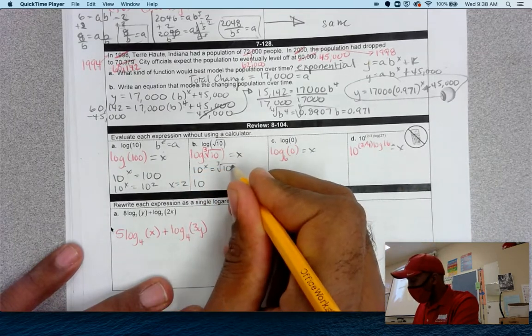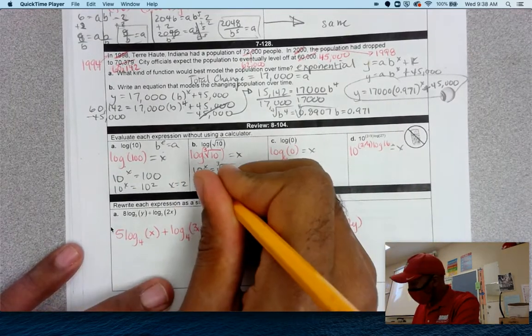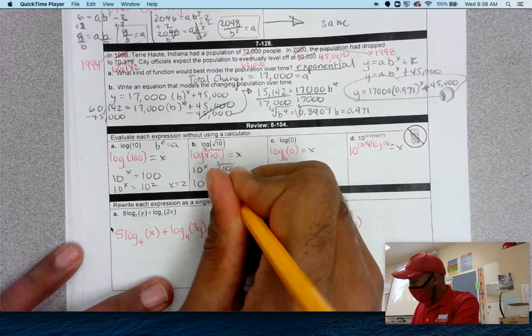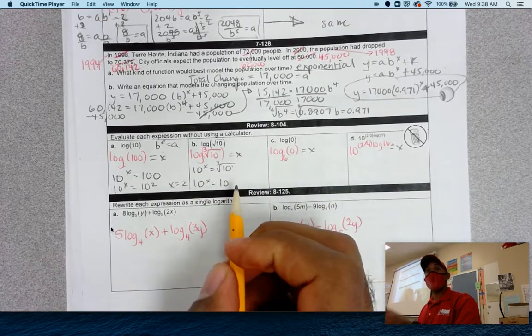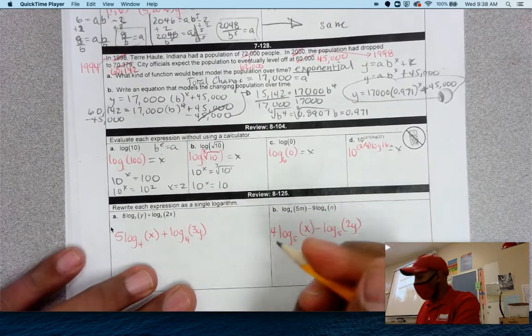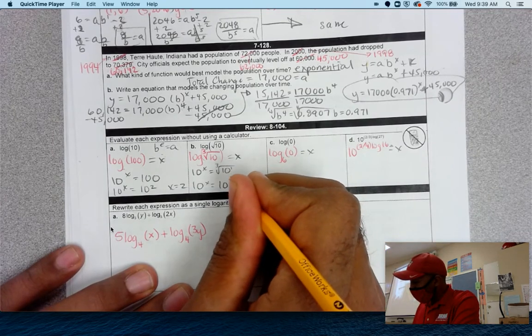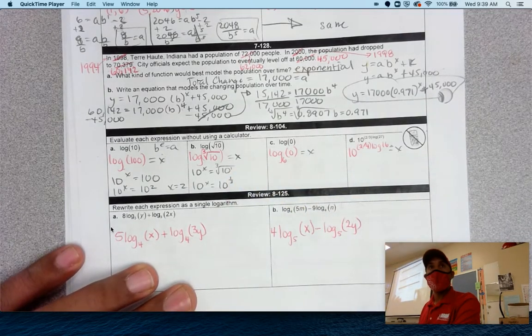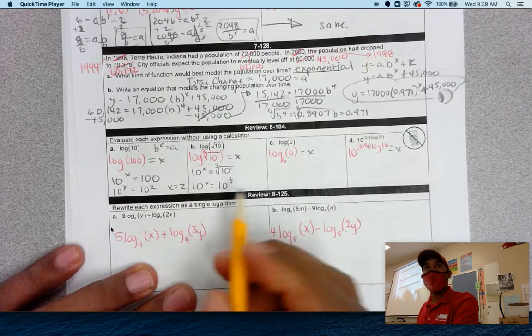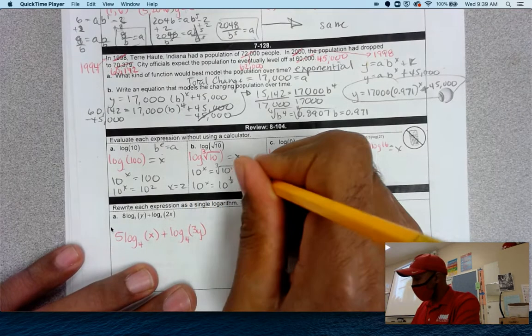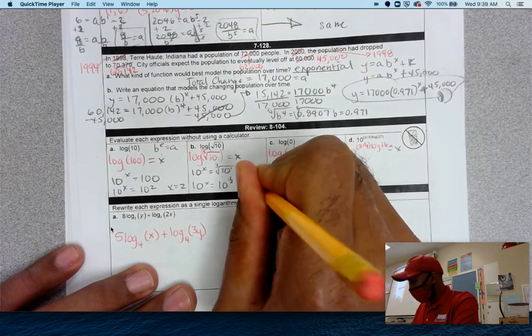The exponent on the 10 is a 1, and I raise it to a rational exponent, a fraction exponent. The 1 goes on top, the 3 goes on the bottom. Now that they have a common base, x equals 1/3.